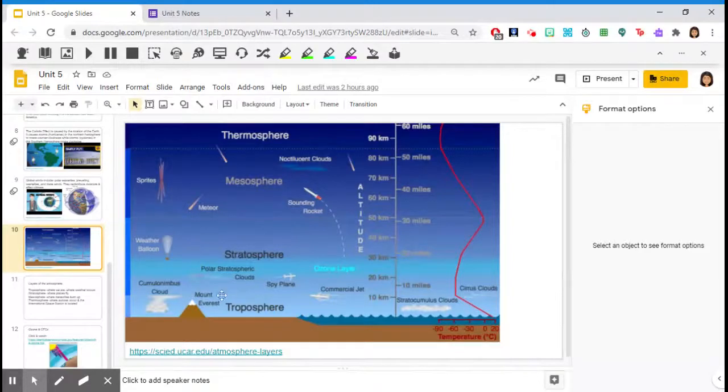Above the troposphere, if you see the dotted line, is the stratosphere. When you fly in a plane, you don't want to get caught in a storm and you don't want to stay in a cloud if you can help it. So most long commercial flights and certainly military mission planes or spy drones fly in the stratosphere so that they can avoid the wind and the weather that occurs in the troposphere.